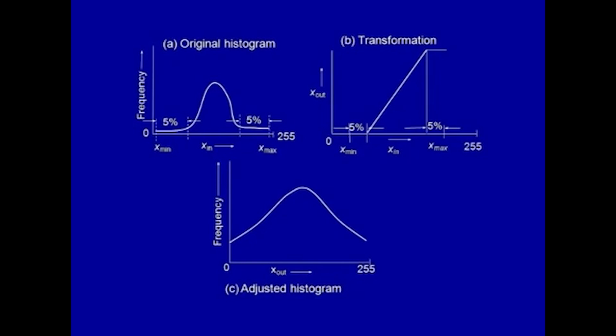However, when we perform the min max stretch, it may not bring about a significant change in the image visual quality. So, how do we improve this type of a histogram? Best is to identify a range which could be 1% or 5%. In this case, we have adopted a 5% cutout value.